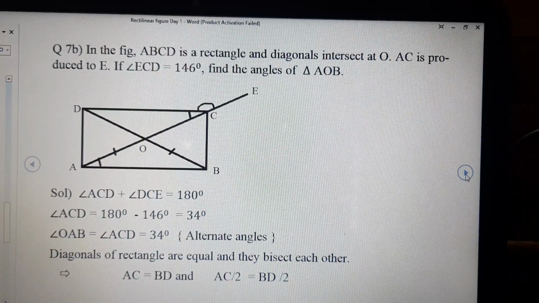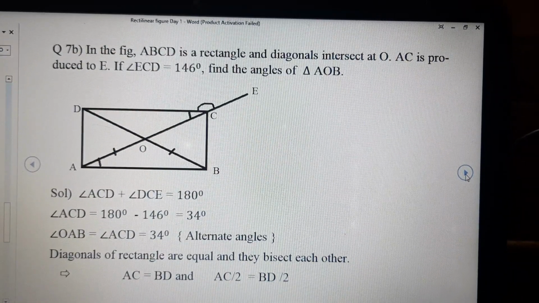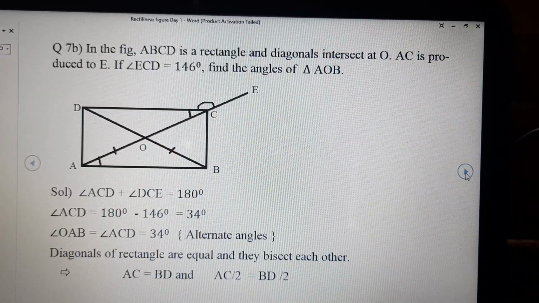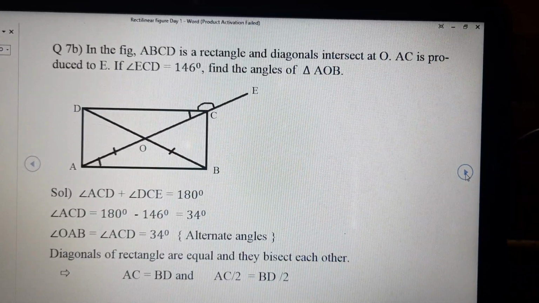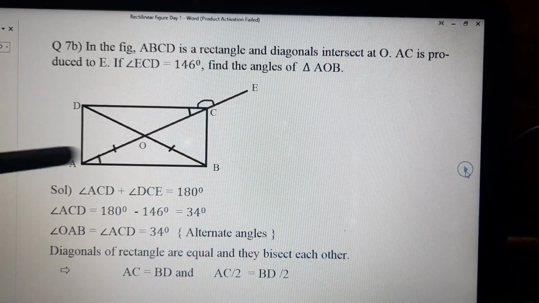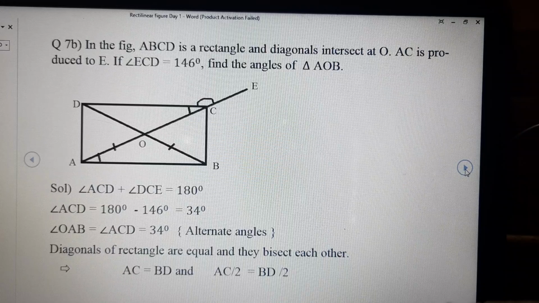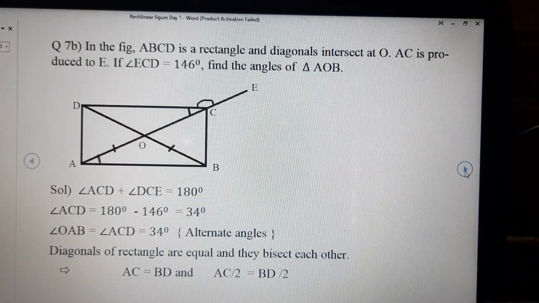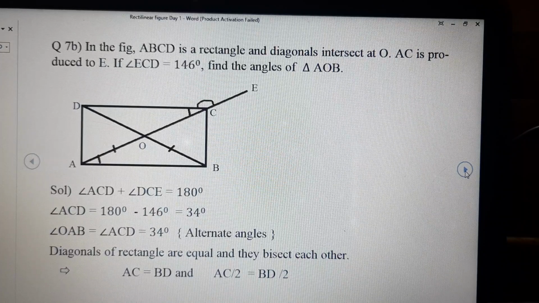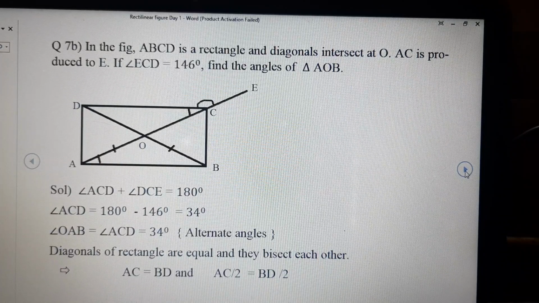Now moving on to the next question: ABCD is a rectangle and diagonals intersect at point O. AC is produced till E and angle DCE has been given as 146. We have to find the angles of triangle AOB. First of all, diagonals of a rectangle are equal to each other. BD is equal to AC.